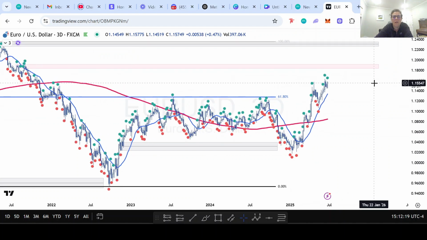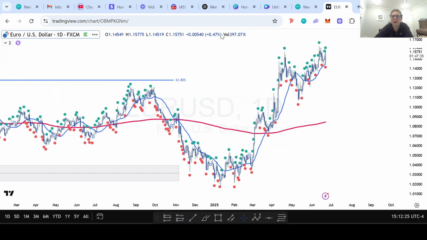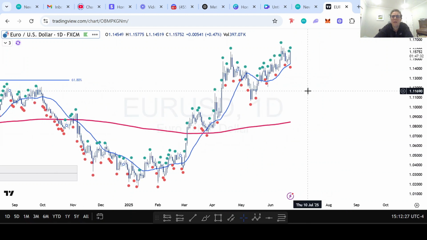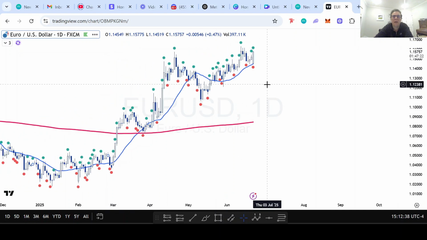So for now, if we go down to the 1-day, where we place our entry events, you'll see we're getting quite a good bounce here off the 20 MA. So we're in a trade at the moment. We'll see how that plays out.